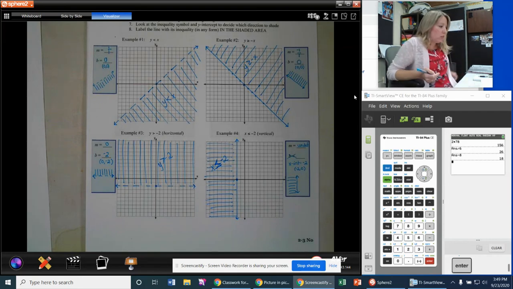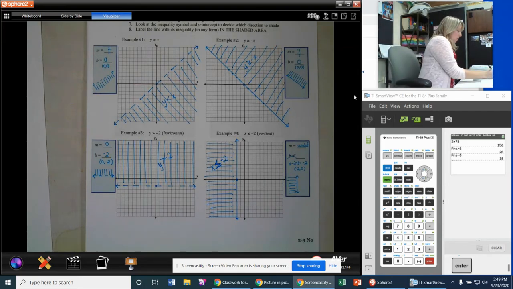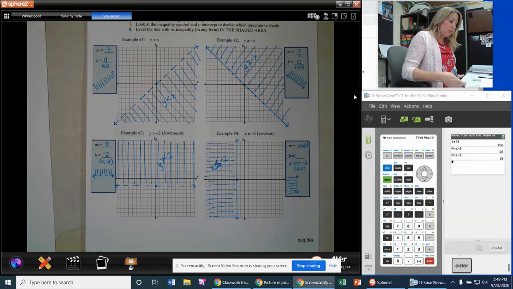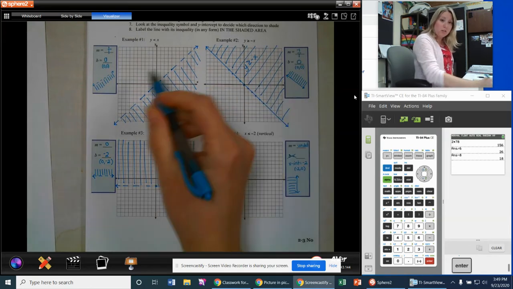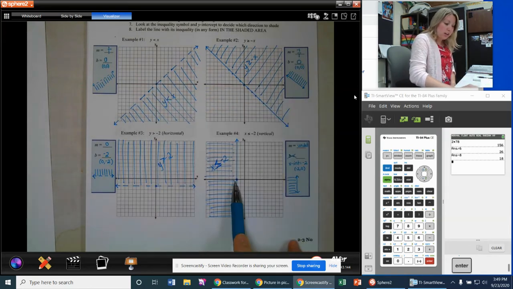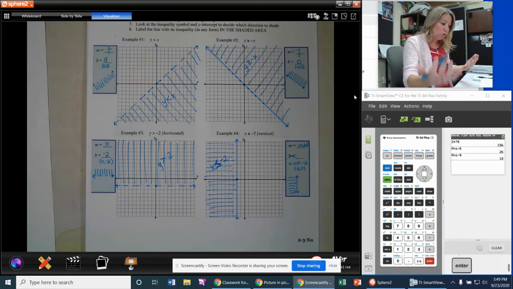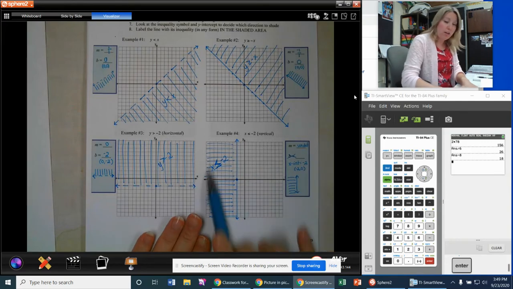The only additions are thinking about solid or dotted and thinking about where to shade. And again, use that y-intercept for the functioning ones and use the x-intercept as the comparison for this. So left is going to be less, right is going to be greater when it comes to a vertical line.